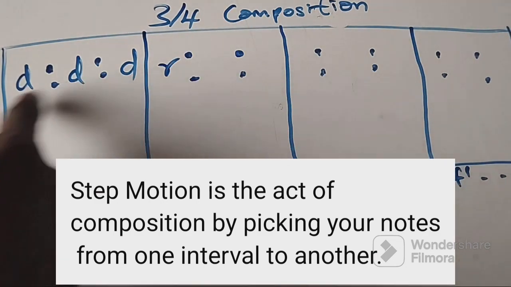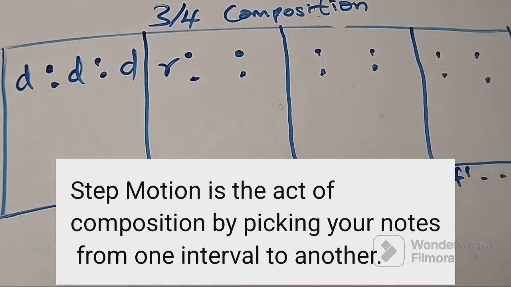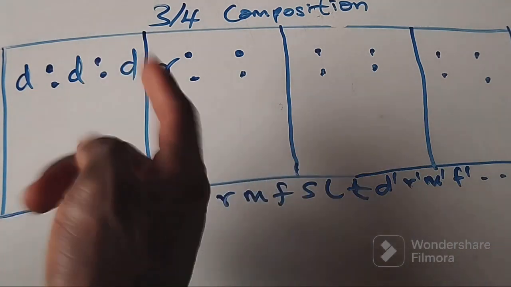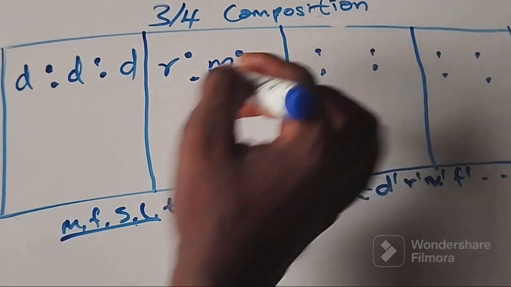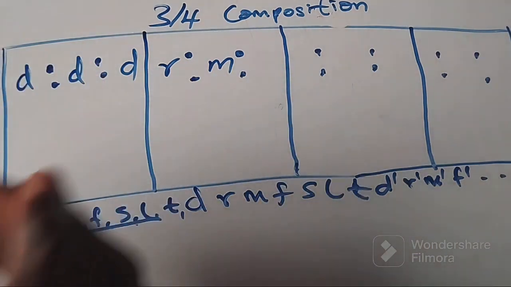You see it? This is what we call repeat pattern. You repeat notes. But if it is skip or step, from re you add another. It's going do, re, mi, step by step.